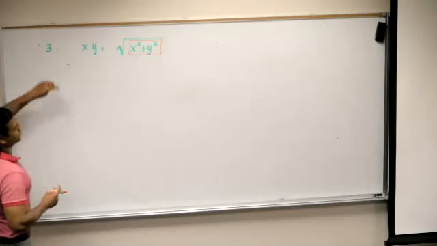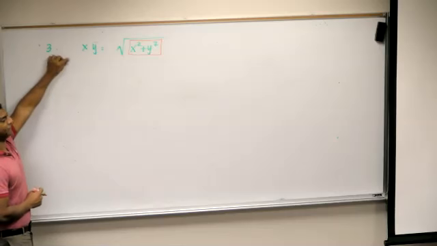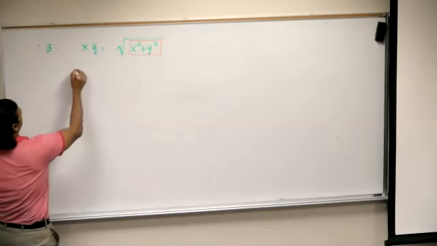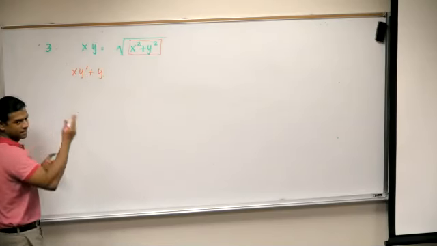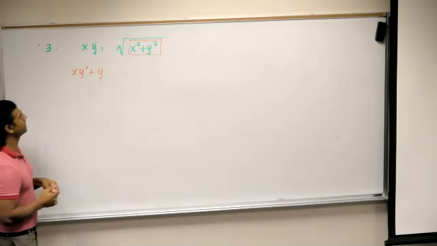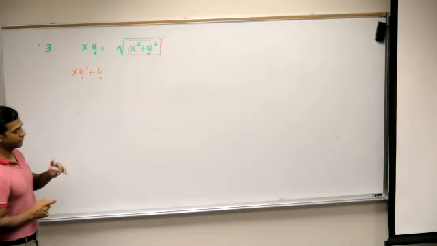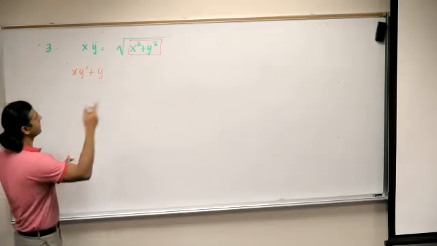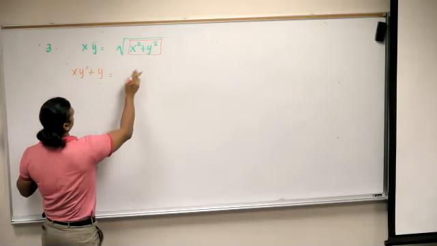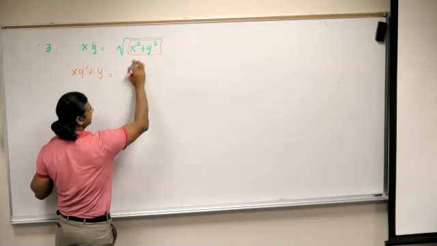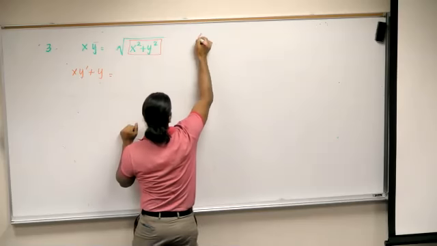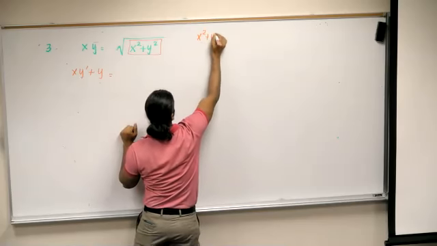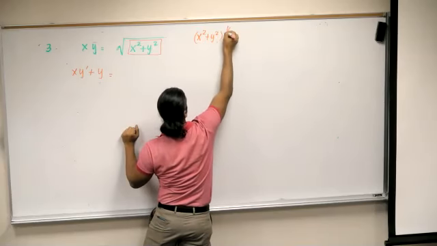So let's start with the left-hand side because it's very easy. From last time, just xy prime plus y. Right-hand side, before I proceed, let me rewrite this as x squared plus y squared raised to 1/2.